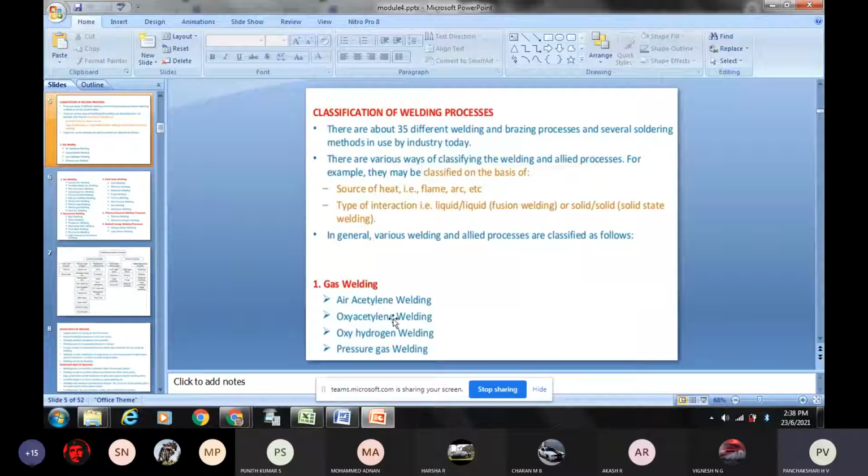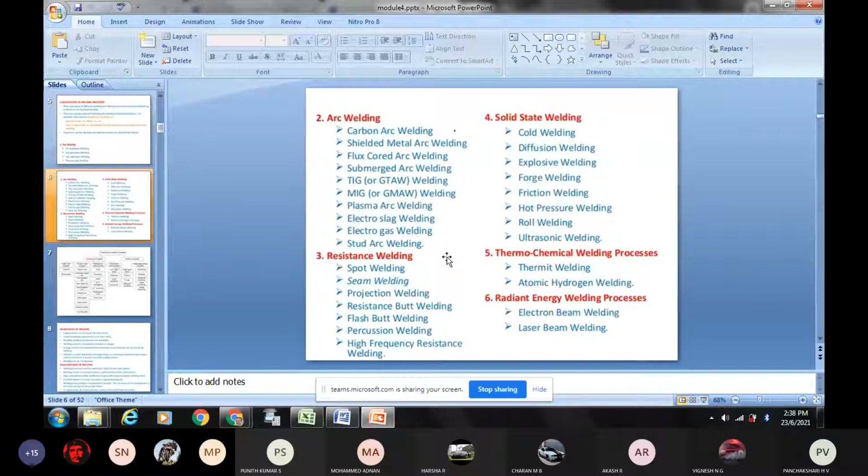Mainly oxyacetylene gas welding is widely used. Next comes oxyhydrogen welding. Normally, in all general workshops, we see oxyacetylene welding. Two cylinders are there. They are connected, and then combustion or heat is generated. That we will discuss at a later stage. Totally, within gas welding, you should remember these classifications. Next, arc welding.